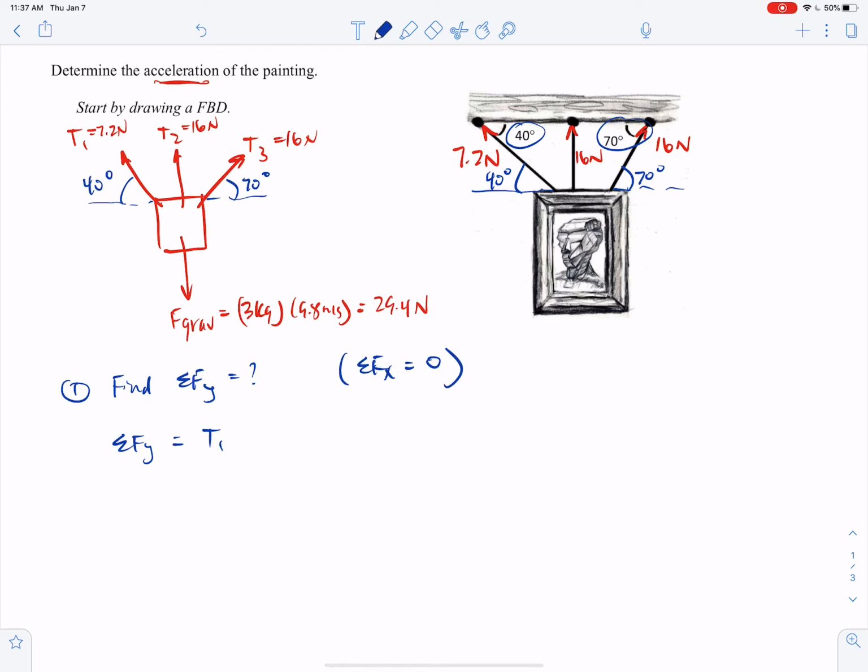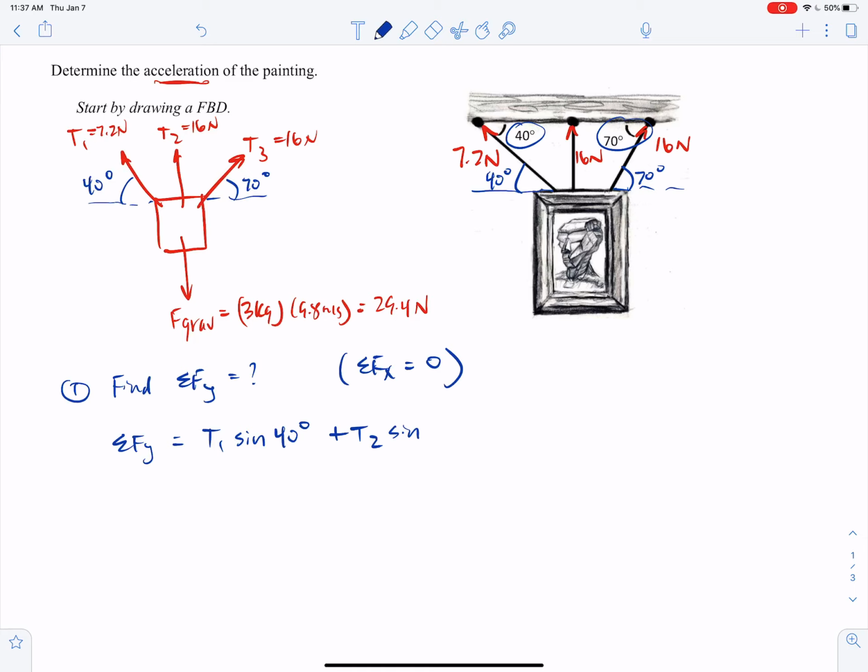So T1's vertical component is going to be the force, the 7.2, times the sine of 40 degrees. T2's vertical component is just T2 itself, because T2 is a 100% vertical force. If you wanted to double check that, you could say T2 sine 90, which is just 1.